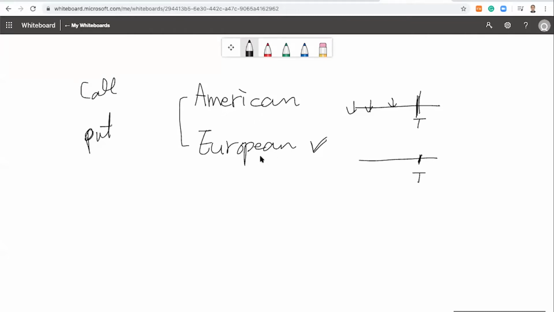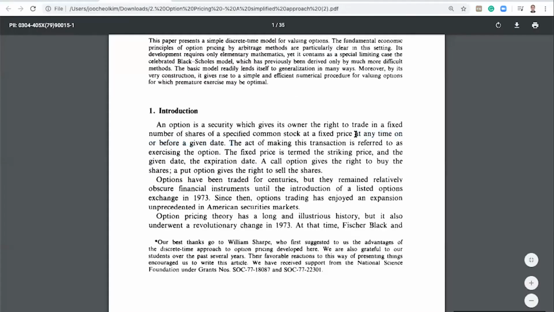But here I'm mostly talking about European options. The authors of the paper wanted to discuss these two different kinds of options altogether. So going back to the paper, they use the words at any time on or before a given date.